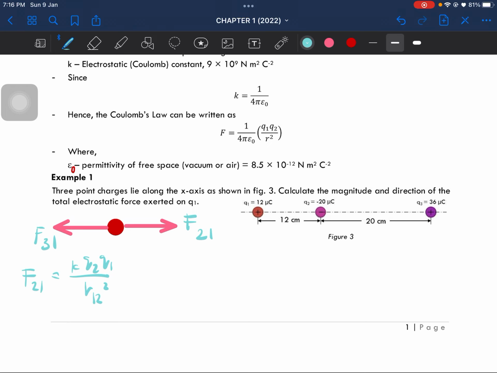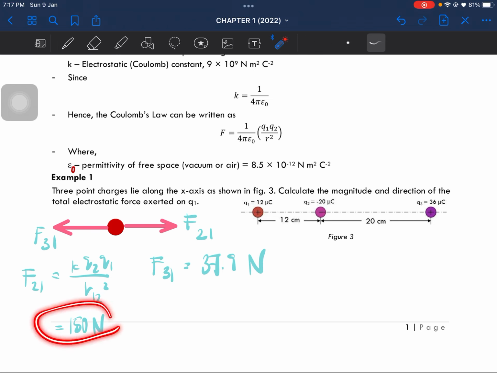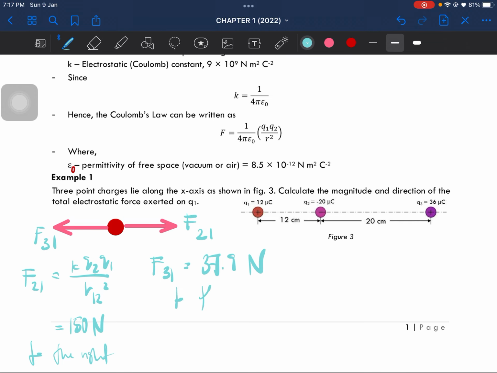The negative is just for the charge, we don't include it in our calculation for electrostatic force. If you calculate that, you should get 150 Newton, and for the other one you should get 37.9 Newton. For this one, F21, the direction is from our force vector drawing. So this is to the right and this one is to the left.